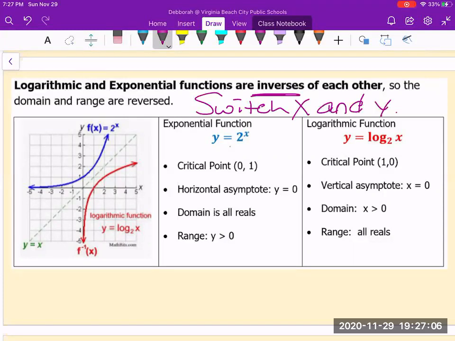Hence, we are also switching the domain and range, and where we have a horizontal asymptote with the exponential function, we have a vertical asymptote with the logarithmic function.